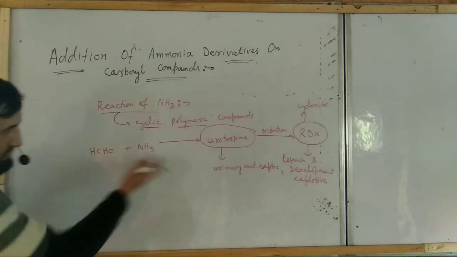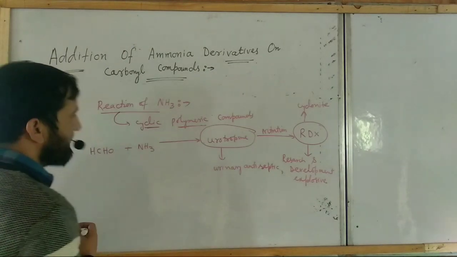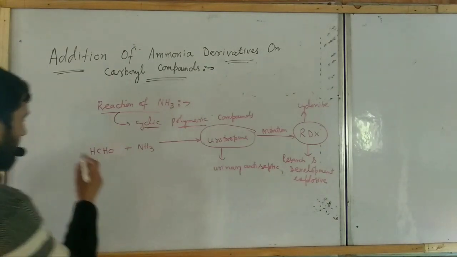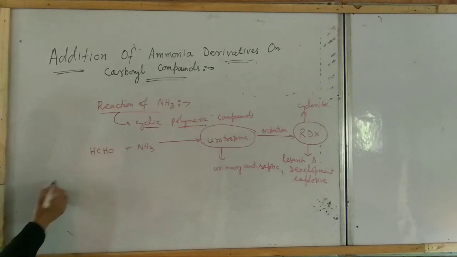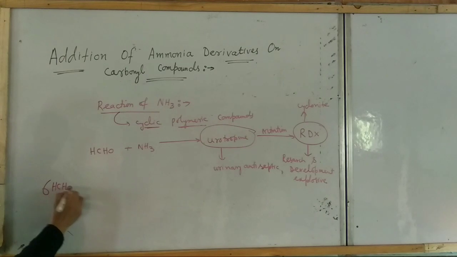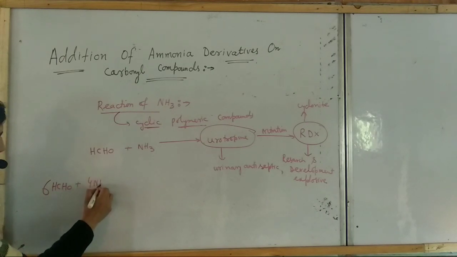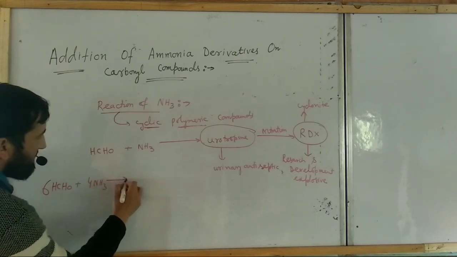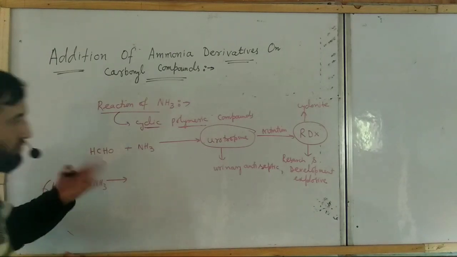We will now explain this formation of RDX by taking the chemical equation. For example, when 6 molecules of formaldehyde, that is 6 times HCHO, react with 4 molecules of ammonia, there is formation of a cyclic compound that is known as urotropine.